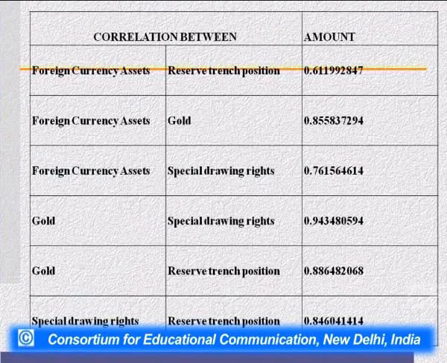Now the correlation between foreign currency assets and the reserve tranche position is 0.61992,847. When we correlate foreign currency assets and gold, the amount is 0.855,837,294.